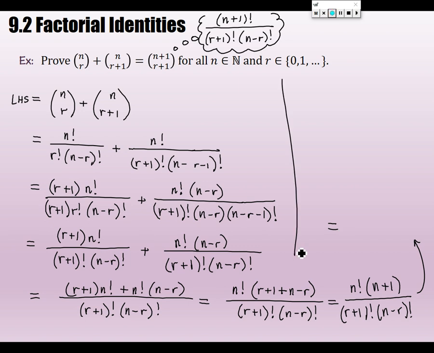But we're done, right? And you see it, right? What's n factorial times n plus 1? Which is exactly what we wanted to show.